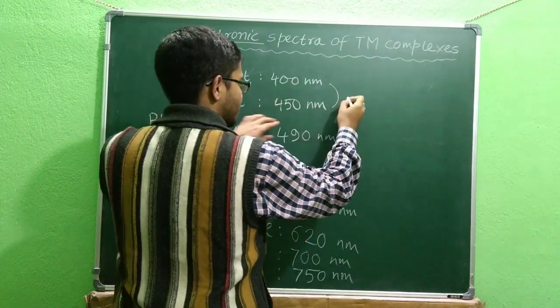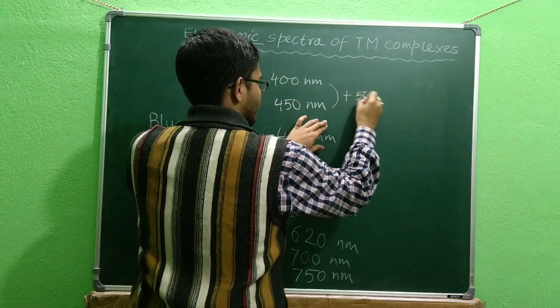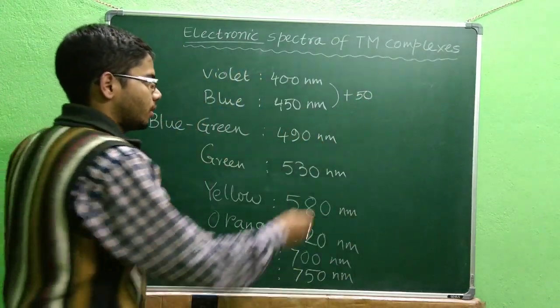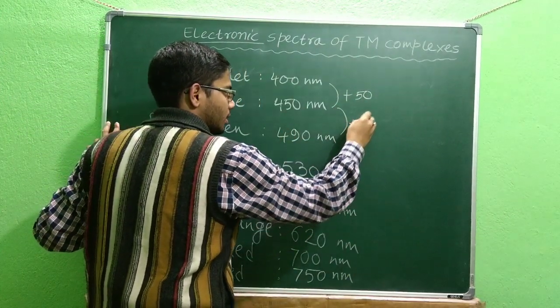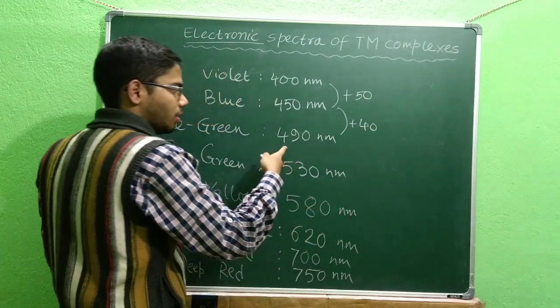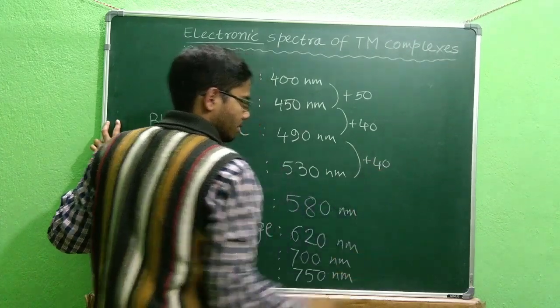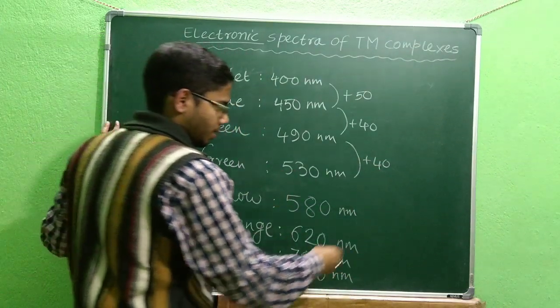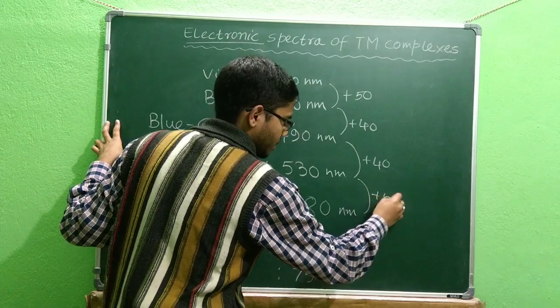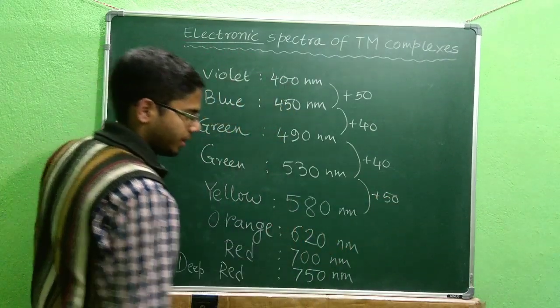Now you add plus 50, so you will get blue. Then you add plus 40, so you will get 490. Then you add another 40, you will get 530. You add plus 50, you will get 580.